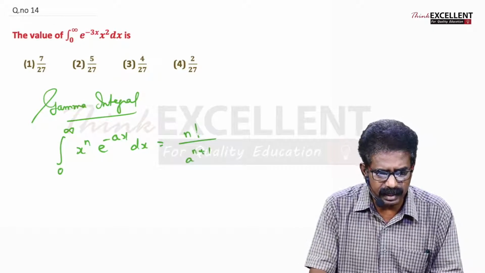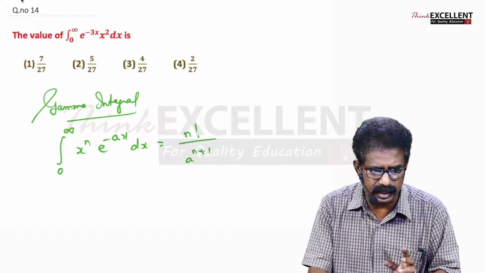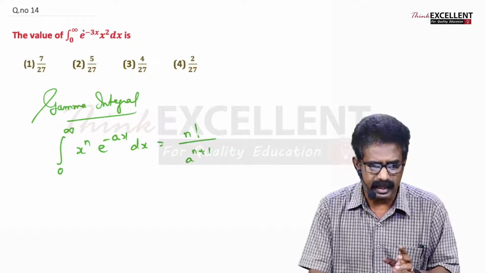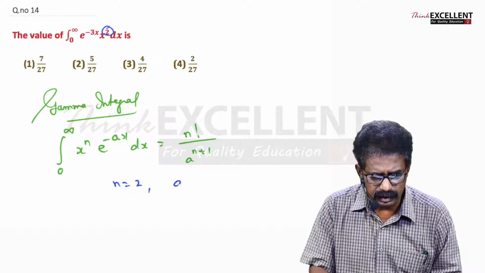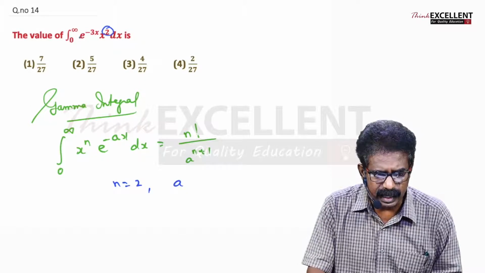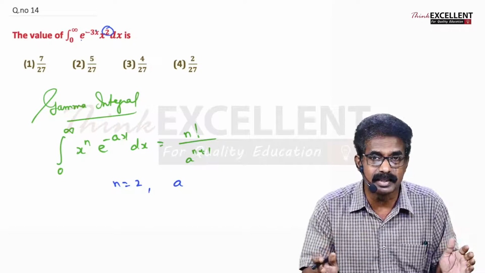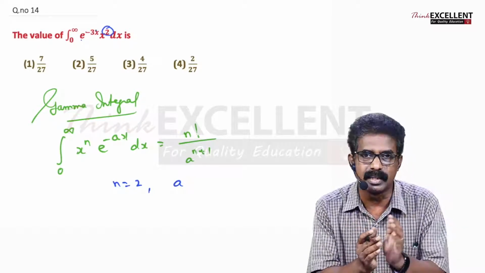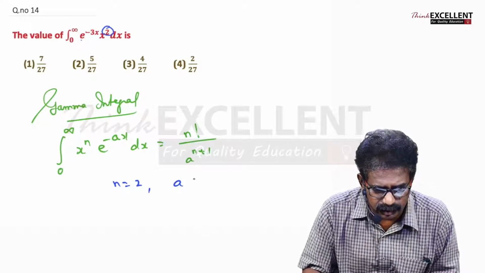So you have to identify two letters, n and a. First you see the limit 0 to infinity. Yes, here it is 0 to infinity only. X raised to n, instead of n we have 2. And e raised to minus ax. Leave that minus and x, so the remaining is a. What is left out? 3, and a equals 3.